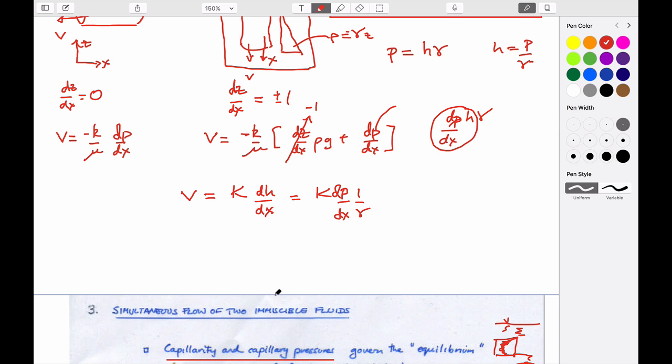You can always write it as that, so long as you're mindful of where things are going. And if you wanted to, you can always substitute this value of hydraulic conductivity for the magnitude of permeability divided by viscosity multiplied by unit weight and gravity. And so you can always make these substitutions.